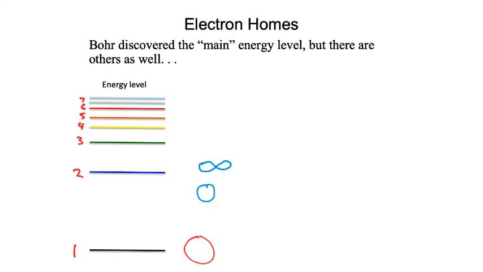What happens when I go up to the third energy level? You get both of those plus a new shape. I get both of those plus a new shape. Okay? So copy, copy, new shape. What happens when I go up another energy level? I'm glad I picked yellow for this because this one doesn't really show up, does it?